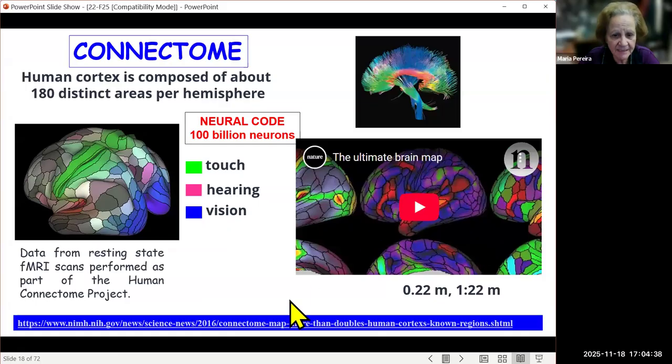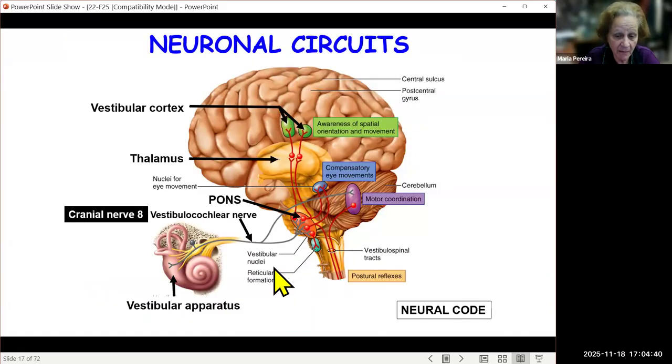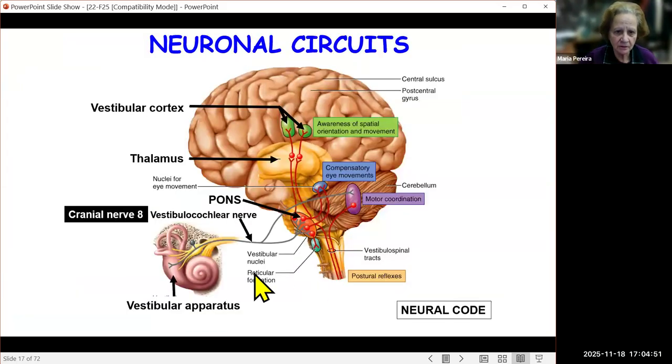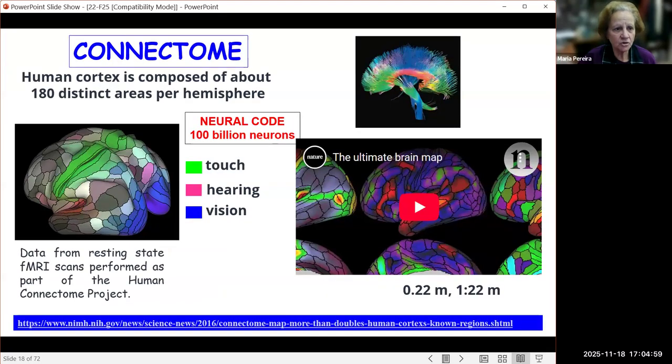This is something that many investigators are trying to decipher. What are these neural circuits that conduct the electrical stimulus generated by different stimuli? This is called the connectome.